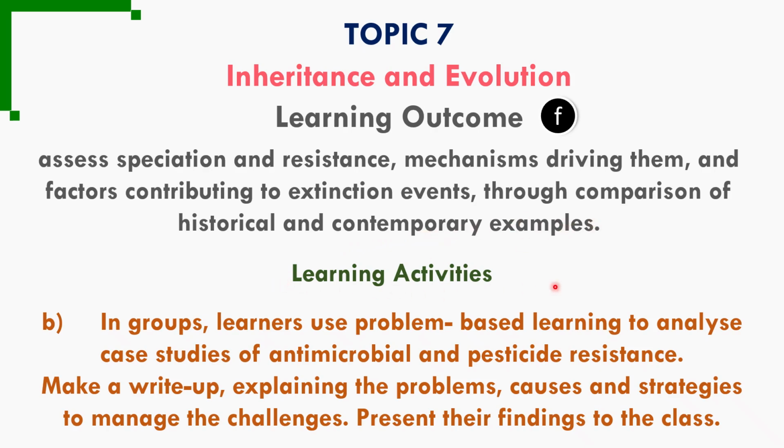Our learning activity has been Part B. In groups, learners use problem-based learning to analyze case studies of antimicrobial and pesticide resistance. They make a write-up explaining the problems, the causes, and the strategies to manage the challenges and present their findings to the class.